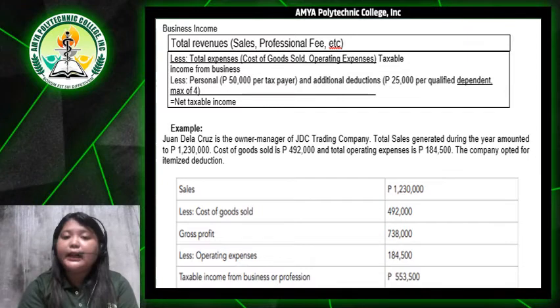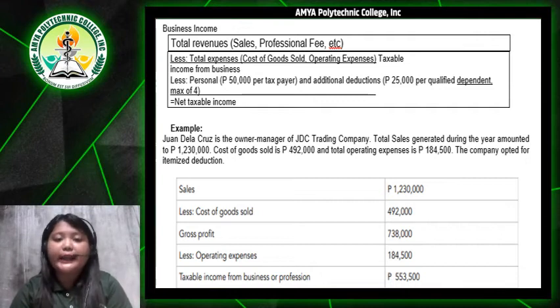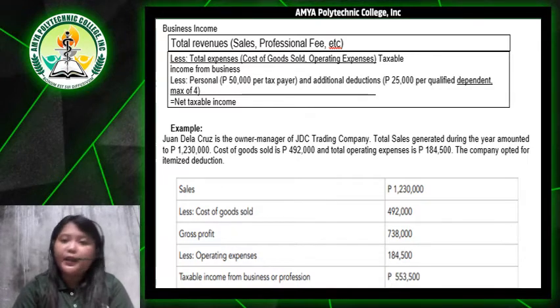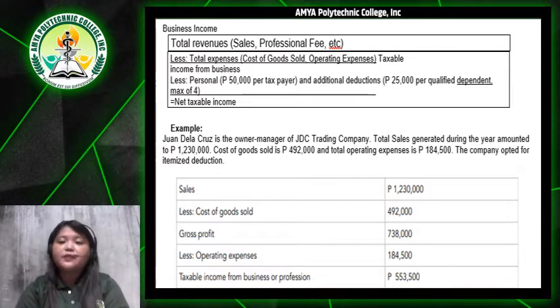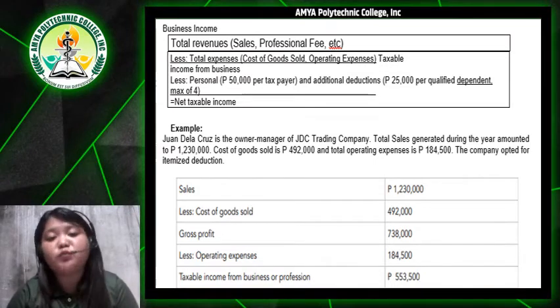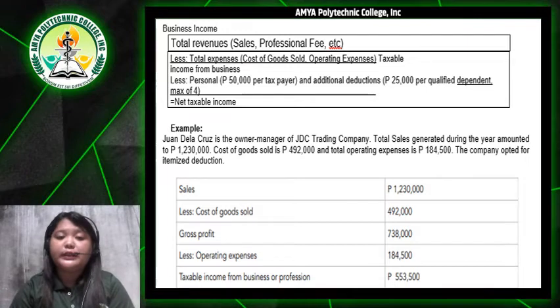Now, business income. The total revenues are the sales and the professional fees, and then we also have the total expenses, giving the taxable income from business. Then we have the personal deduction, which is 50,000 pesos per taxpayer, and additional deductions of 25,000 pesos per qualified dependent, maximum of 4, giving the net taxable income. Now we also have another problem.